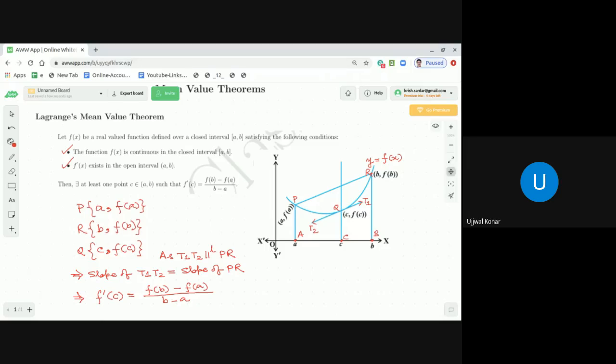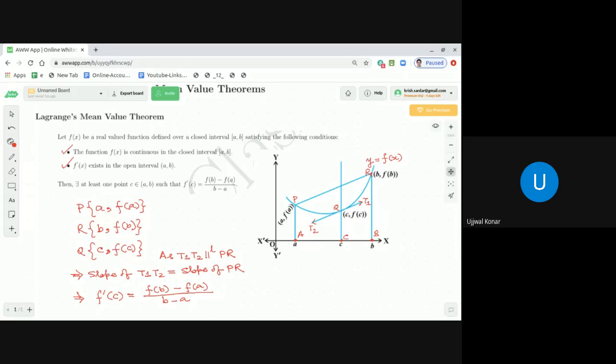Before I proceed to the next theorem, I just want to conclude what Lagrange's mean value theorem is. As a few students joined in between, I request, dear students, please be on time. Lagrange's mean value theorem says: let f(x) be a real valued function defined over a closed interval [a, b], satisfying the following conditions.